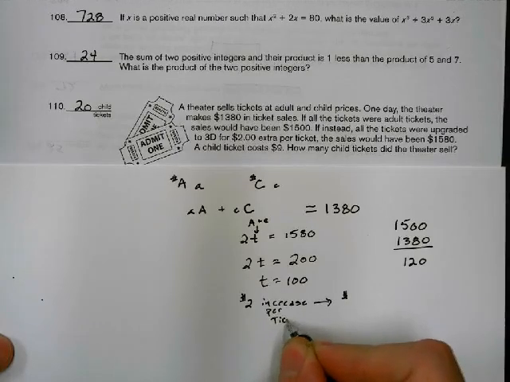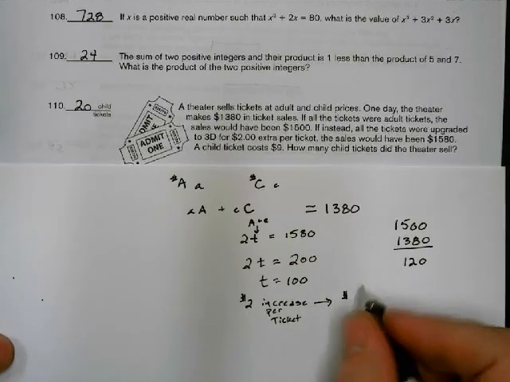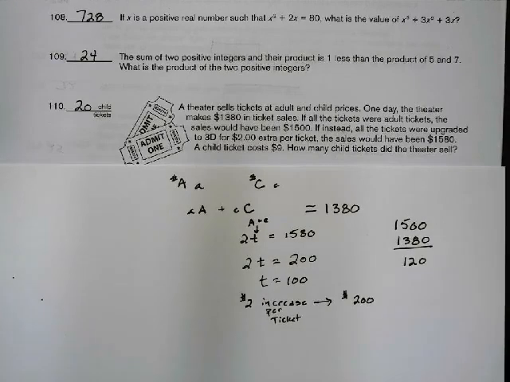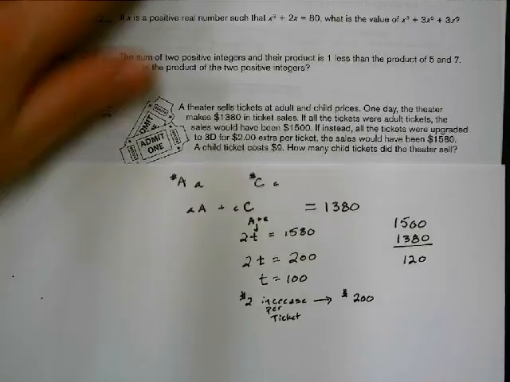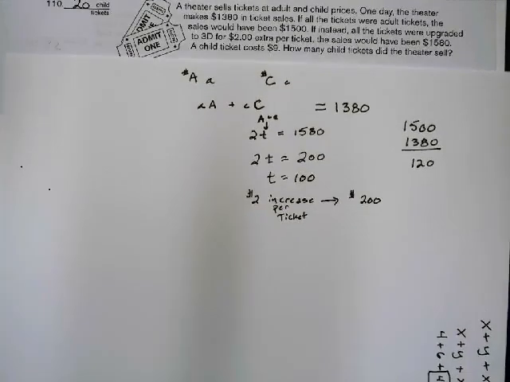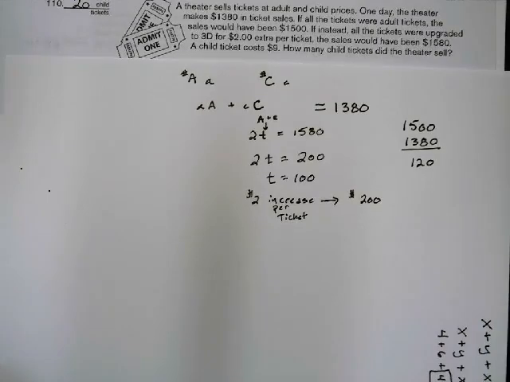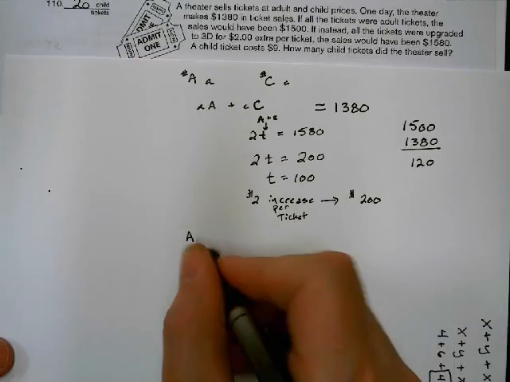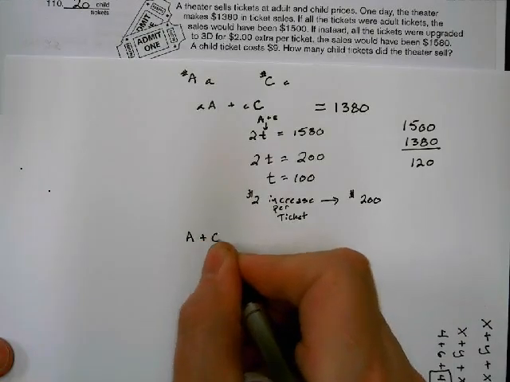So that's how I know that I have 100 tickets. Whew. All right, so we are looking for the number of children's tickets. So here's the first thing I can write. I know that the adult tickets plus the children's tickets equals 100 tickets total. All right, awesome. Know that.